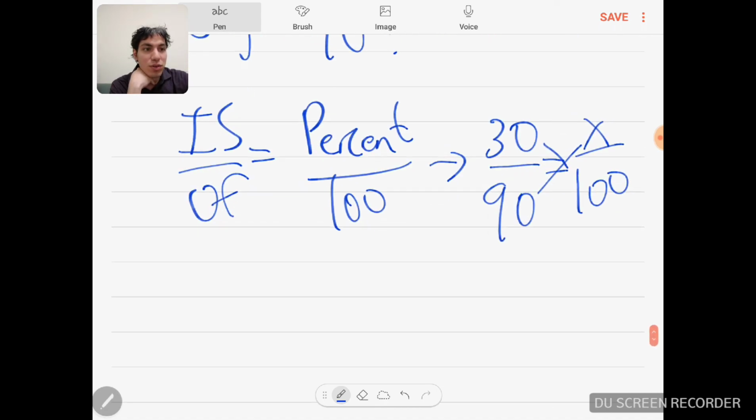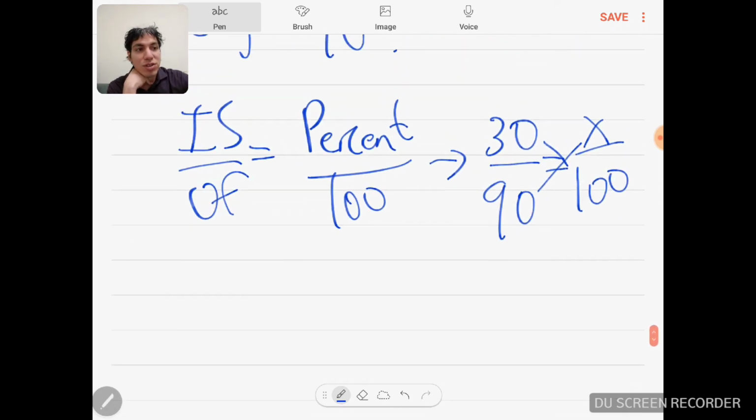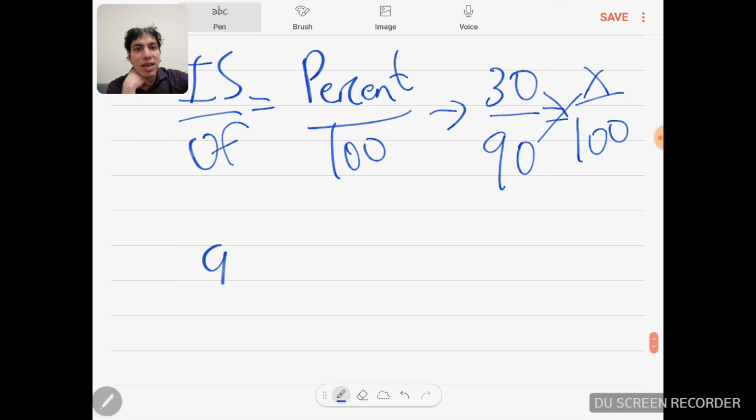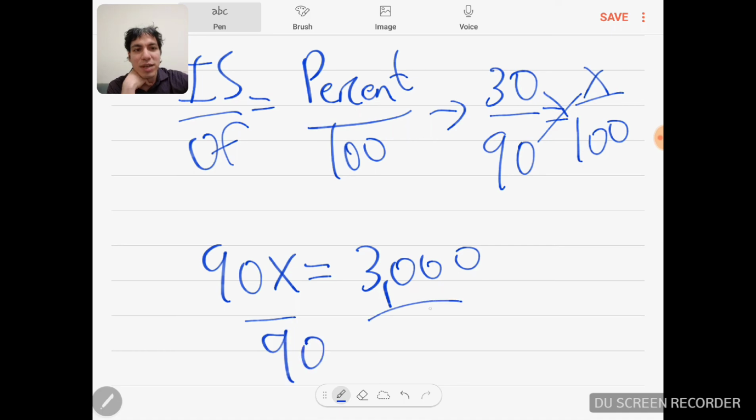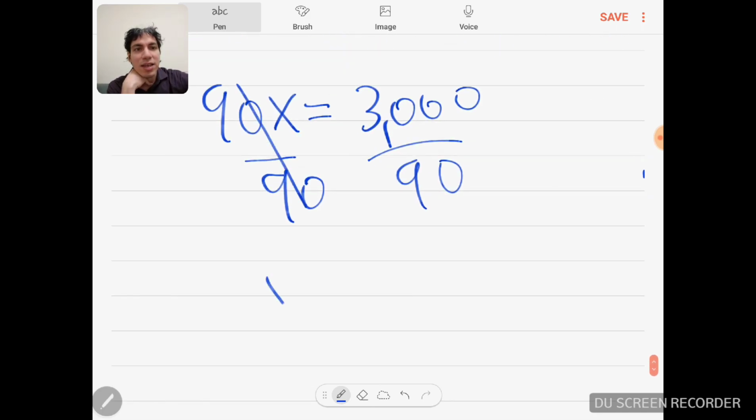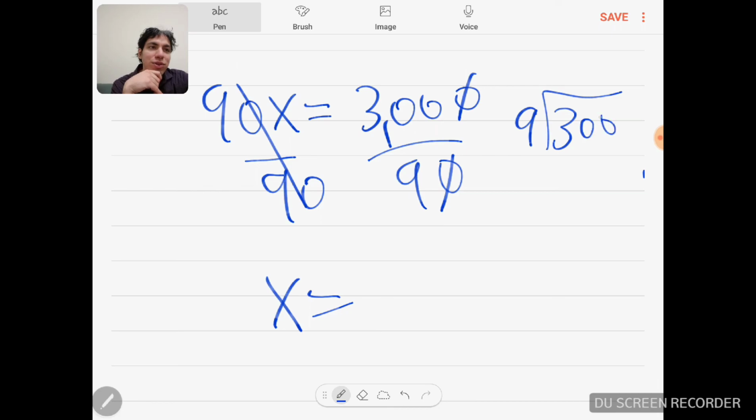Now we do the usual cross multiplication. I get 90x is equal to 3,000. I divide both sides by 90, and I'm left with x is equal to, let's see, I can cancel the zeros there. 9 goes into 300. 3 times 27.